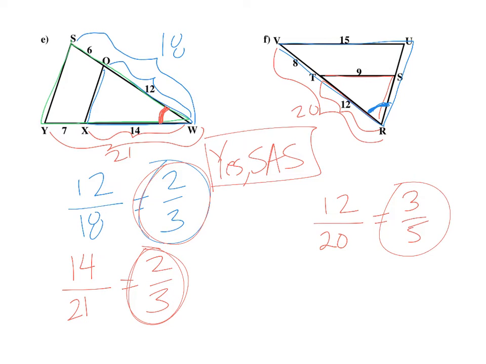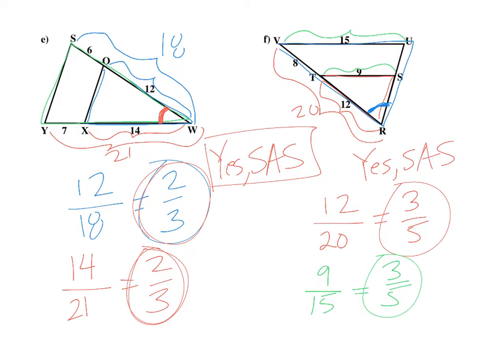And then I have this side for the small triangle, which corresponds to this side for the bigger triangle. That's 15. And that reduces to what? 3/5. So I could say that these triangles are similar by SAS. Done.